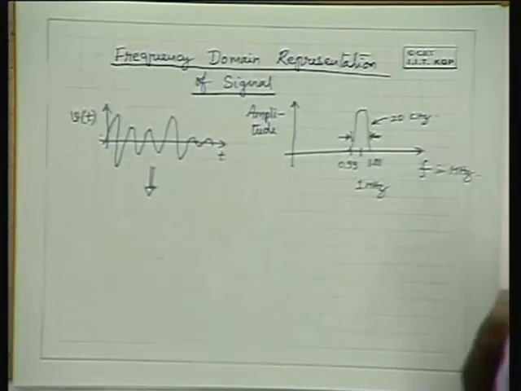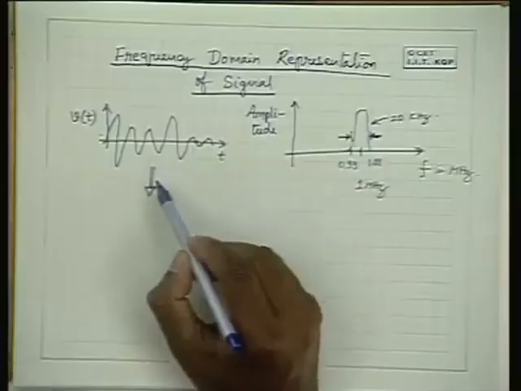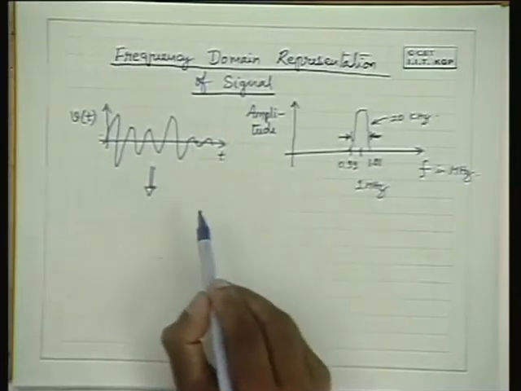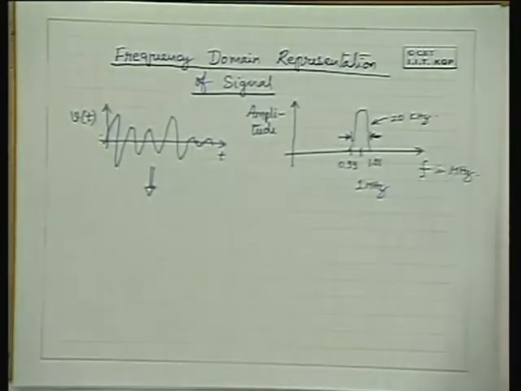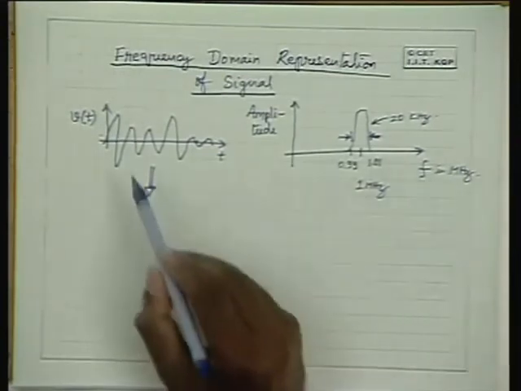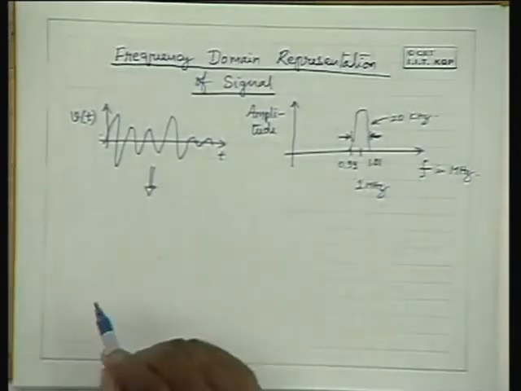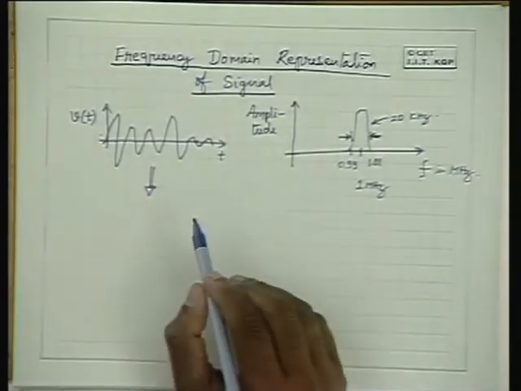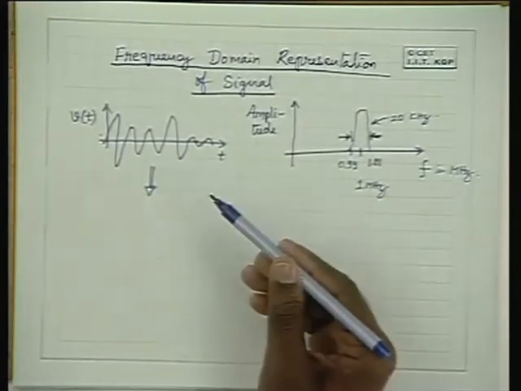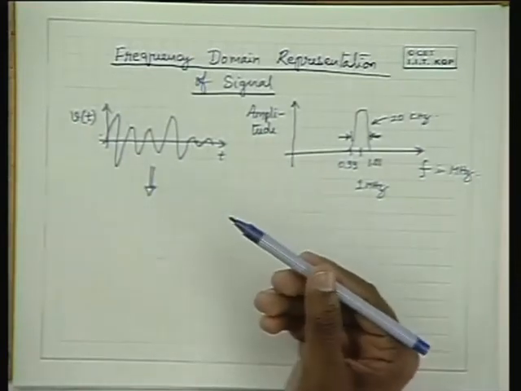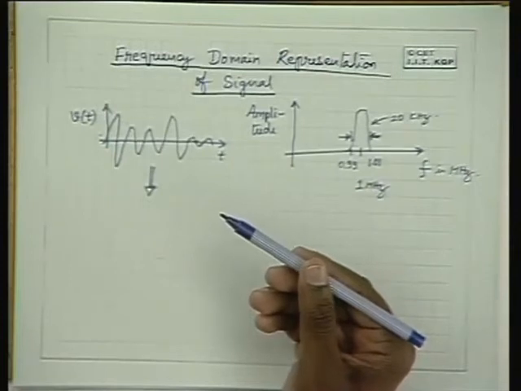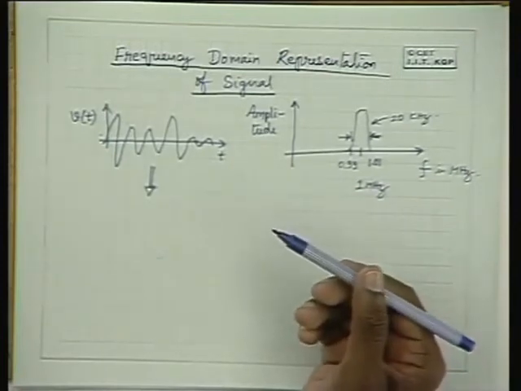It has a single, real frequency. Any signal of this type can be decomposed into several sine waves of different amplitudes and different frequencies. So this signal has several frequency components in it, and each frequency component may have some amplitude and some time shift as well.